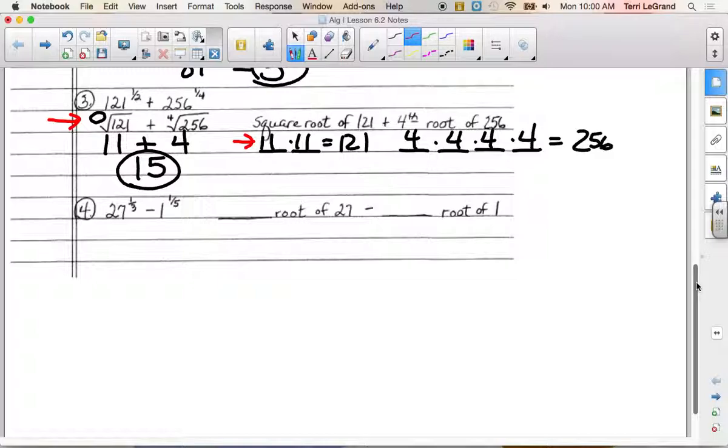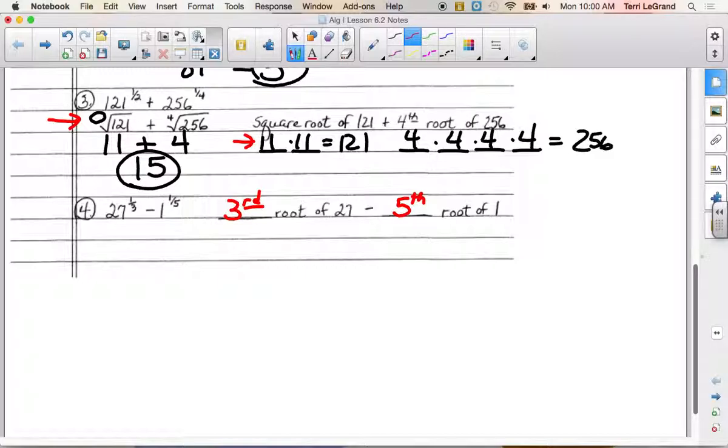Okay, 27 to the 1/3 power means we're looking for what? The third root of 27. 1 to the 1/5 power means we're looking for the fifth root of 1. Okay, so now here's our showing work.